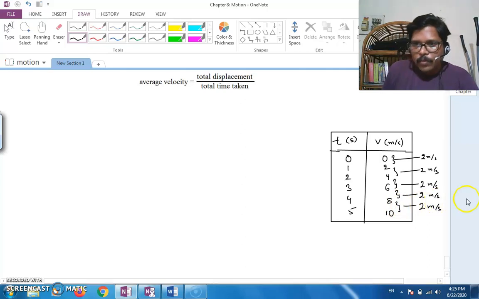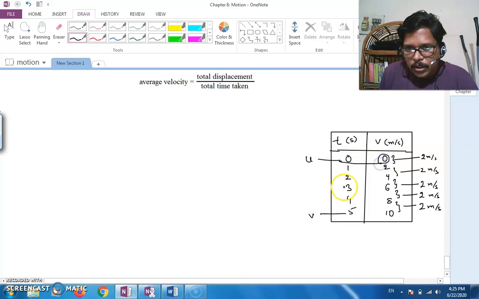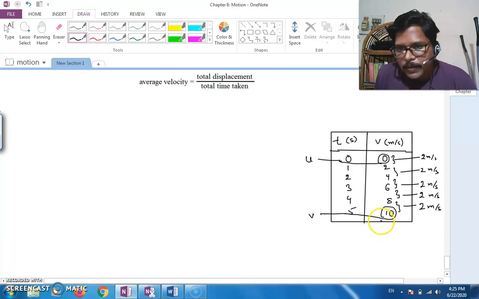If there is a uniform change in the velocity, then you have another formula. We are going to take the average of the initial and final velocities. Generally we represent initial velocity with small u and the final velocity with small v. Here the initial velocity is 0 meter per second and the final velocity is 10 meter per second.